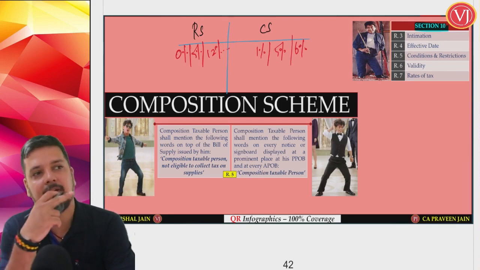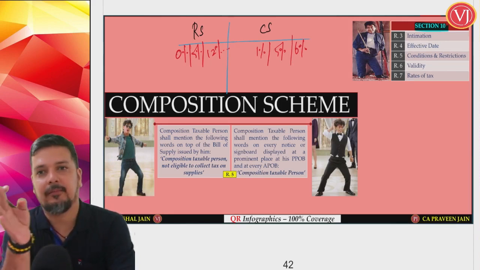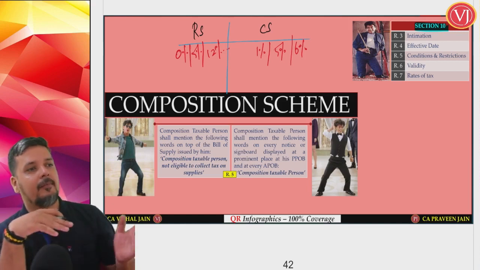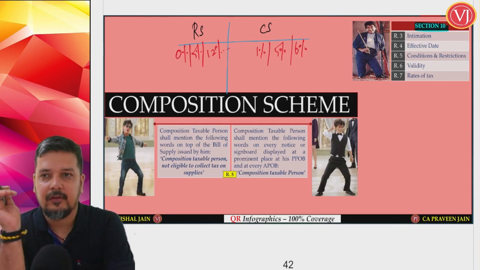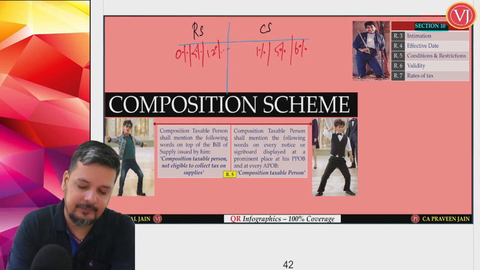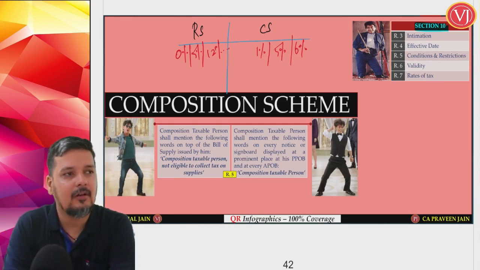This 5 is not the same as the regular rate. There is a normal rate also of 5, but this is the composition rate.